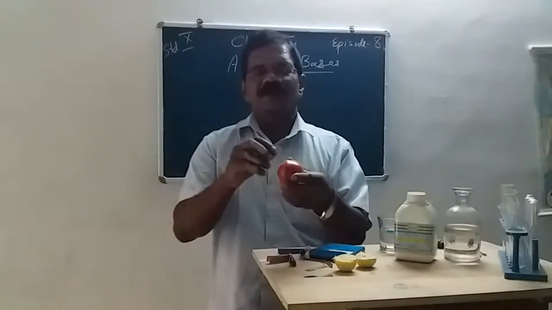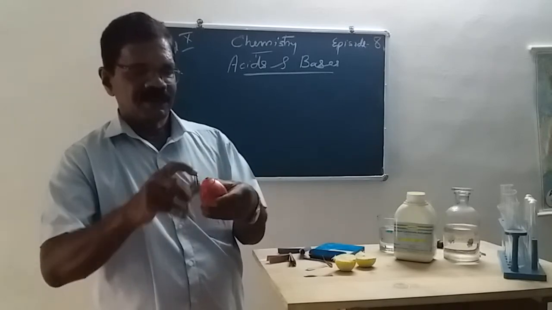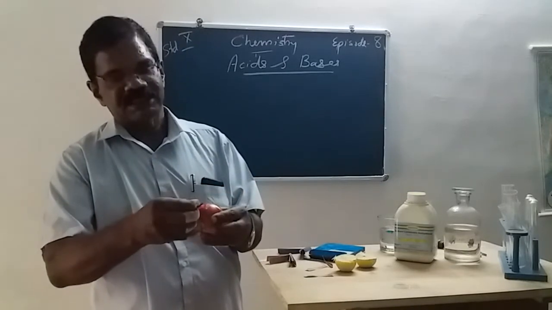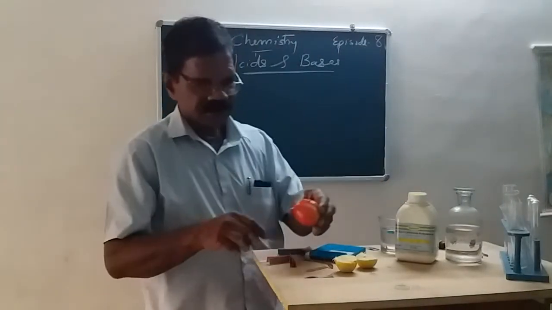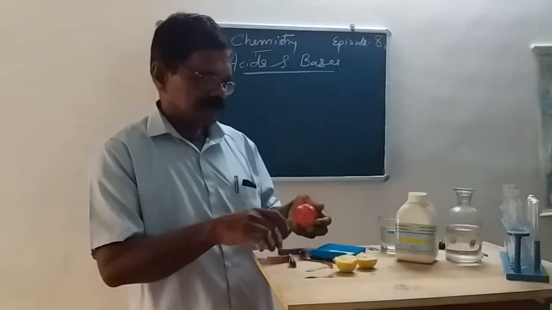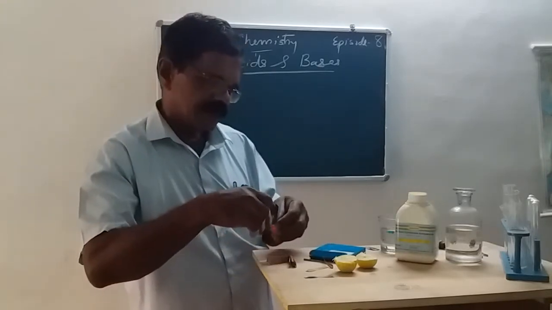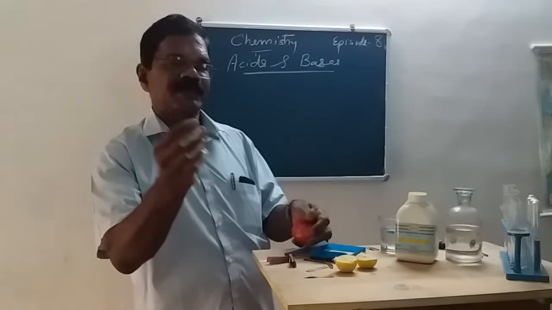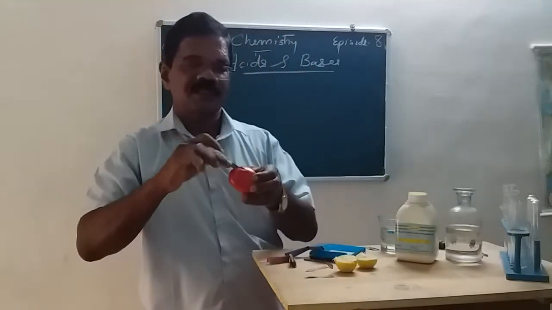This is a tomato. Cut it with a blade. Which acid does tomato contain? Mainly oxalic acid. Take a blue litmus paper, wet it first and place it.